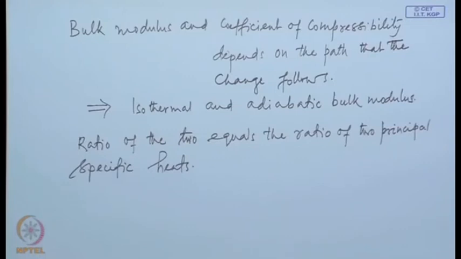That is, the ratio of the two corresponding bulk modulus, adiabatic bulk modulus by isothermal bulk modulus, is again Cp by Cv.